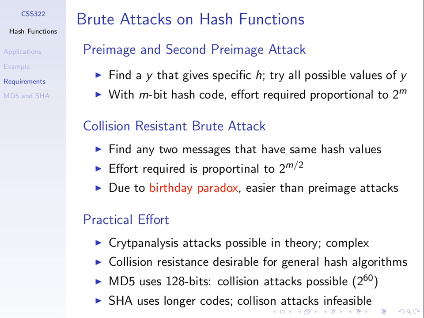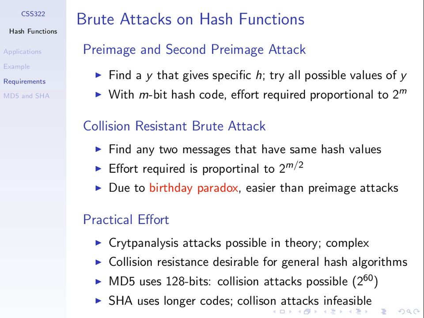For the first two properties, the one-way property or the weak collision resistance property, basically what the attacker has to do is find some message y that gives a specific hash value. And what do we do as a brute force attack? Try all possible messages until you get one that produces the hash value you're looking for.